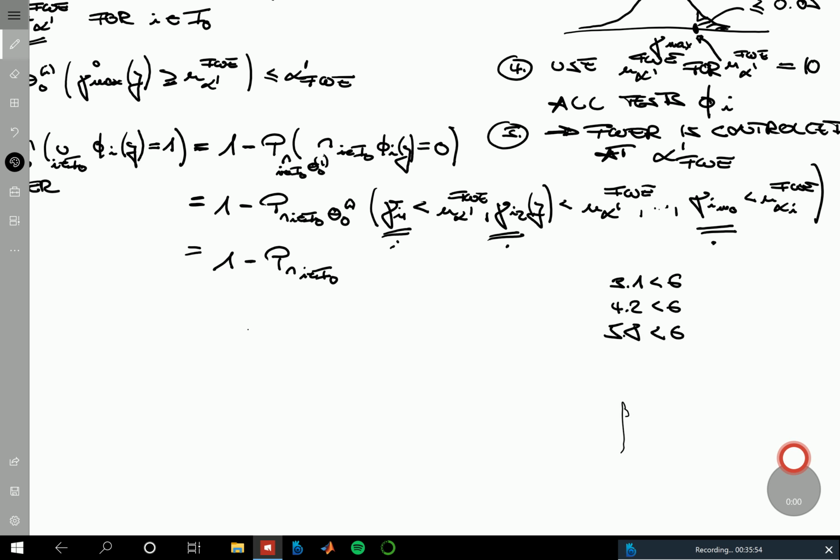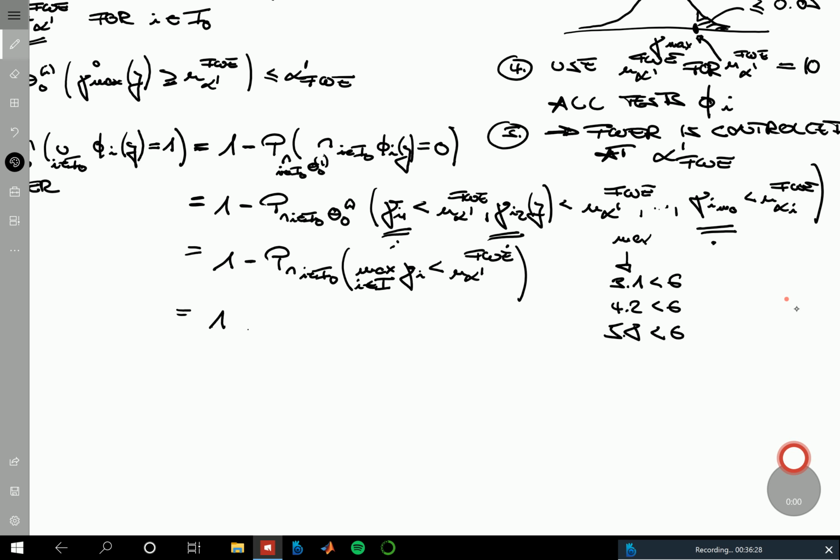This means that also the largest of these values is smaller than 6. So this means that the maximum of these test statistics is smaller than u alpha prime FWER.